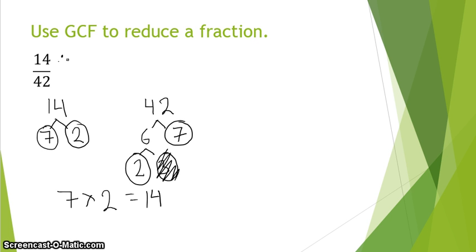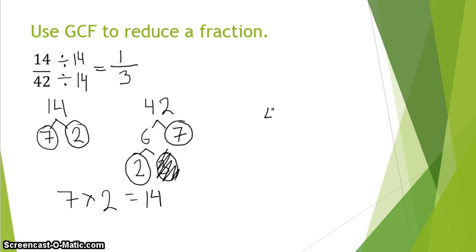What I can do next is I can divide both top and bottom by 14. 14 divided by 14 gives me 1, and 42 divided by 14 gives me, what is it going to be, 3.